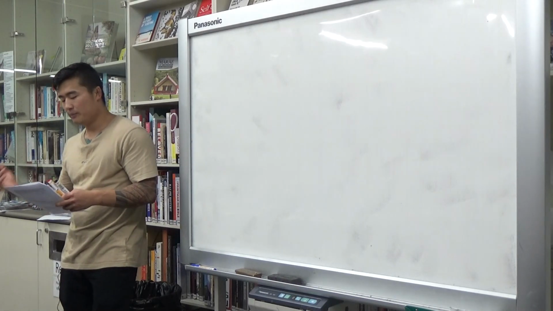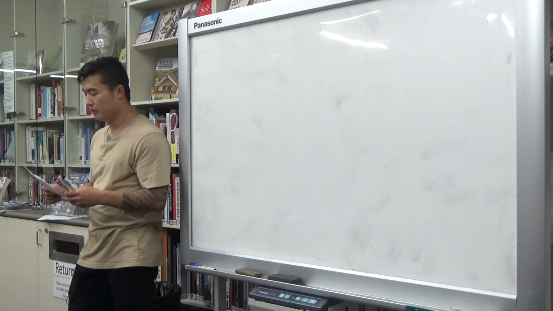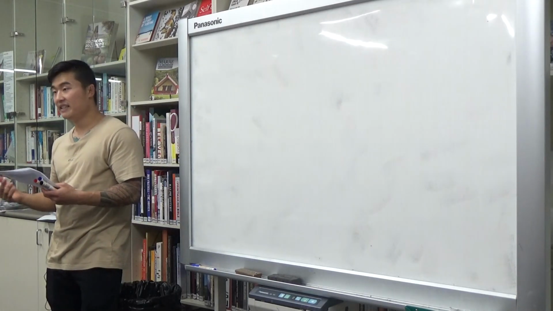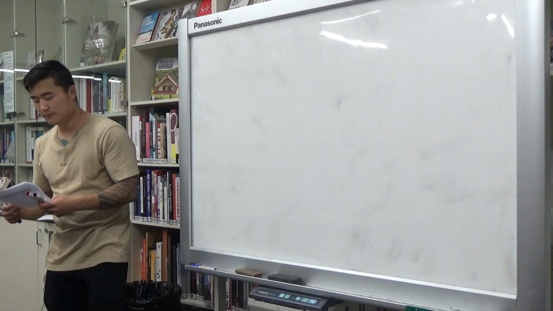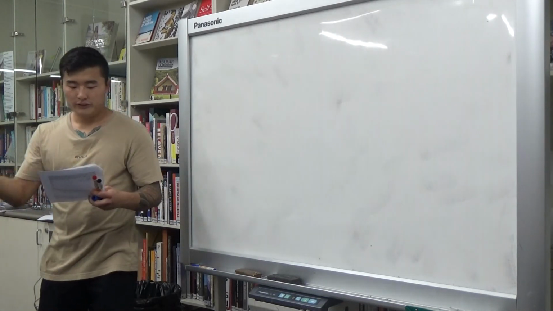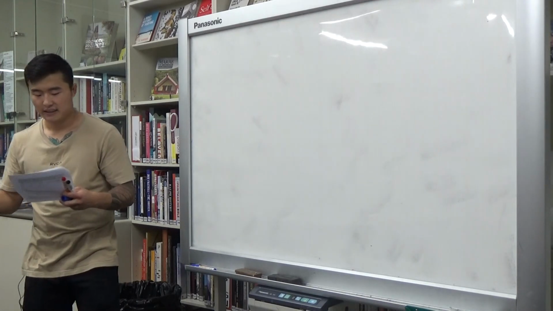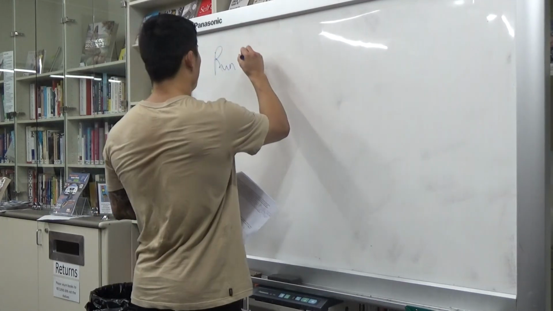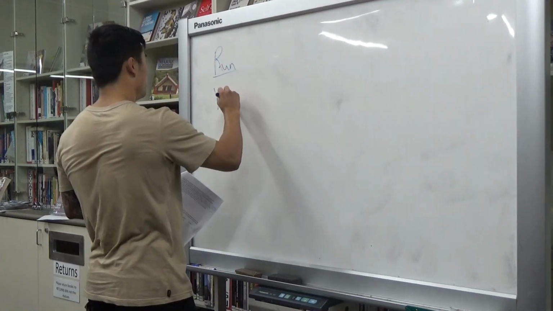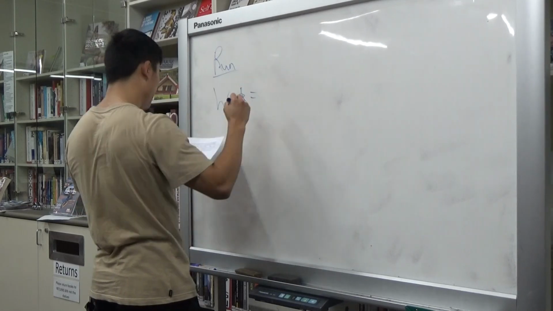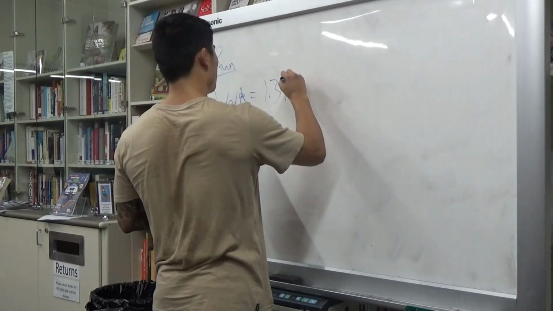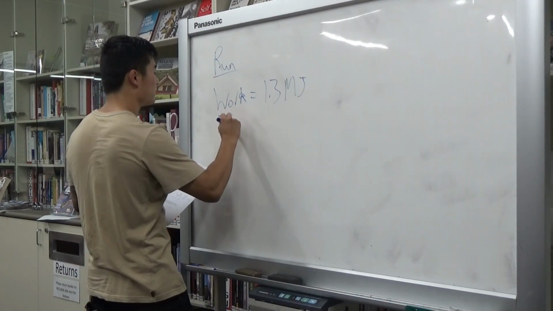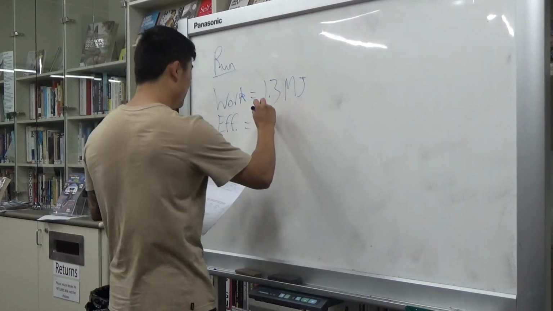Option A, the net metabolic energy required for the run was 32.5 megajoules. So remember, net metabolic energy is the amount of energy that the body burnt up in total. So what we've been told concerning the run is that for the run, work equals 1.3 megajoules, and the efficiency was equal to 4%.